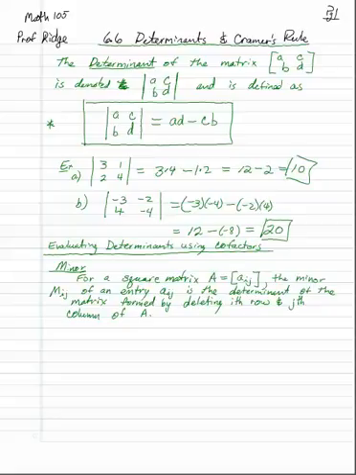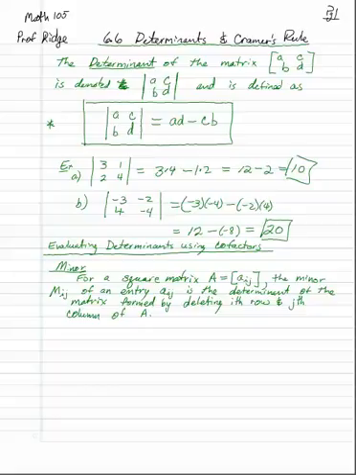Okay, so evaluating determinants using cofactors. If we have anything bigger than 2 by 2, this is one of the techniques that you can use. First we're going to talk about minors. If you have a square matrix A, and the entries are A sub ij, the i is the row and the j is the column.